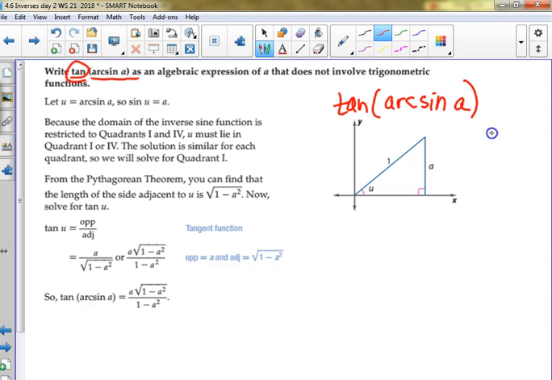So I look at this and I say, this means the sine is A over 1. Everybody okay? That A means A over 1. And sine is opposite over hypotenuse, right? So I draw a triangle. I can use theta, whatever. Opposite over hypotenuse, A over 1. I need an expression down here.